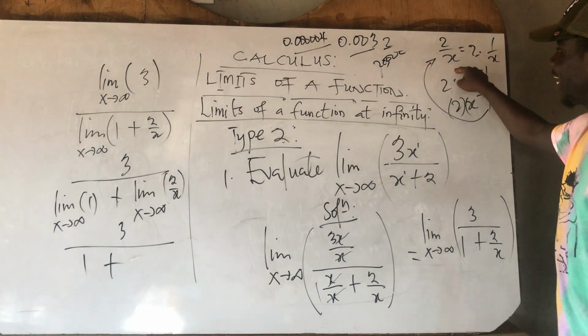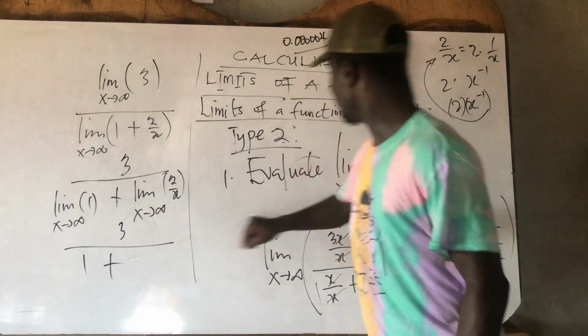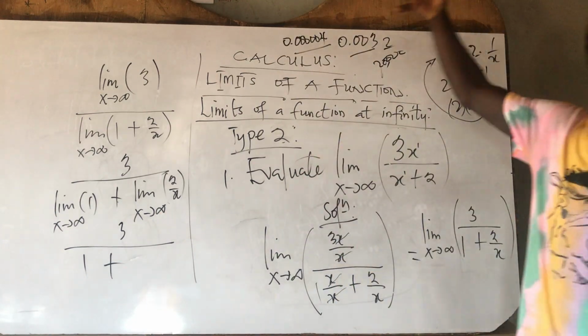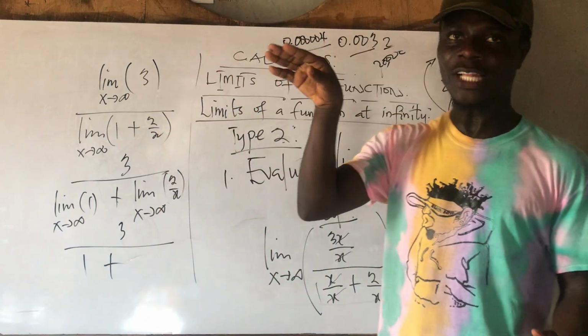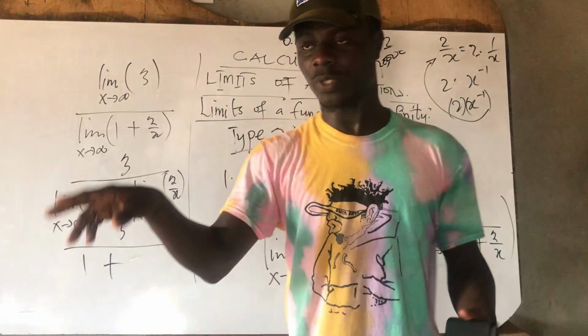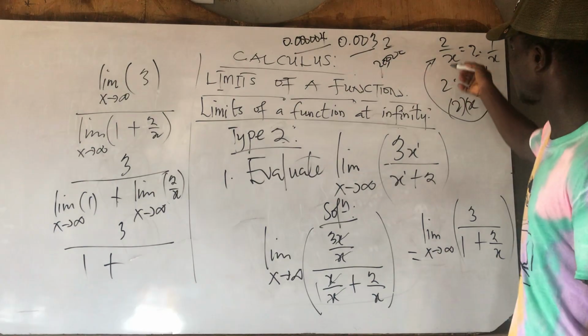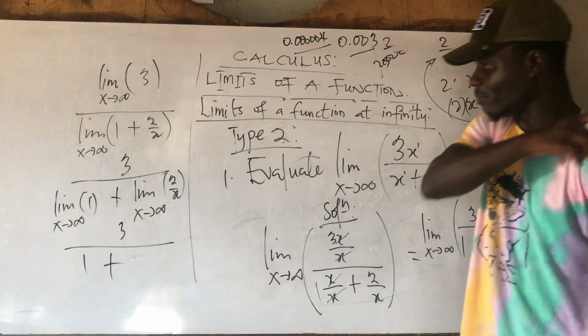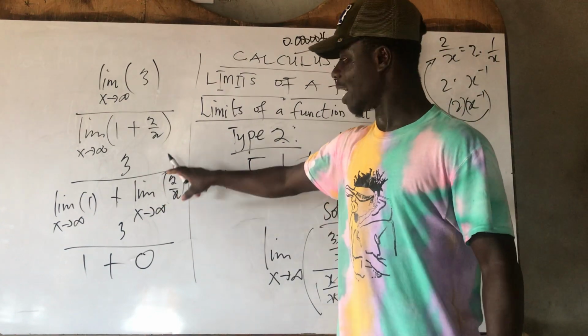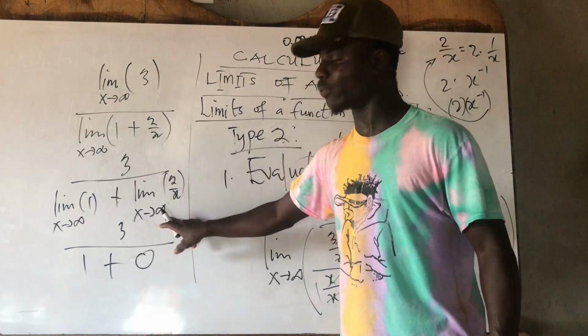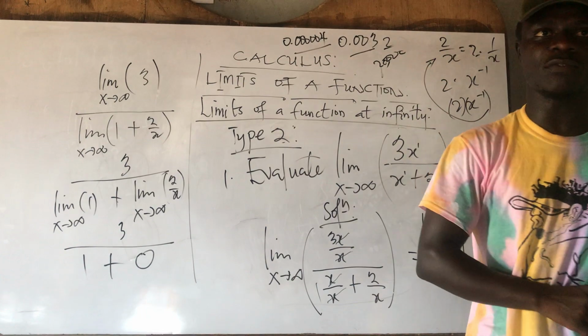So for 2 on x, when you divide 2 over a larger number, you get a smaller number. That means the value is approaching 0. So 2 over a larger number, the answer is 0. When you get the limit of 2 on x as x approaches infinity, the limiting value will be 0.